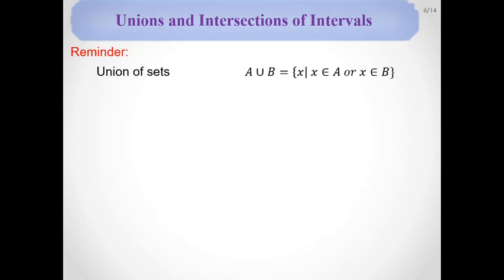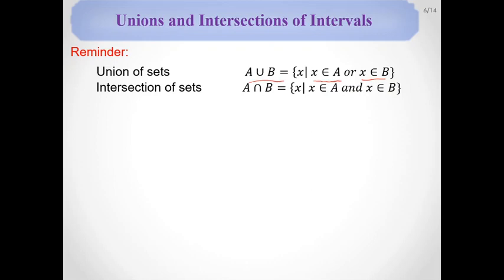Now let's remember what union and intersection are. So this is a reminder. The union of two sets means we take all the elements in A and all the elements in B, and we put them together, and it makes the union.